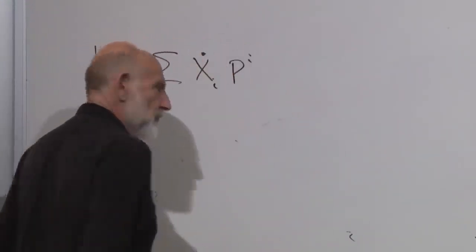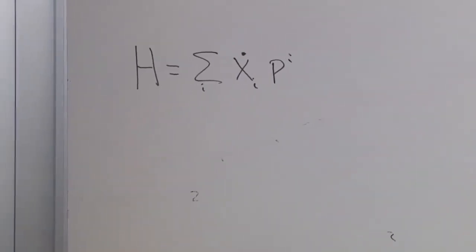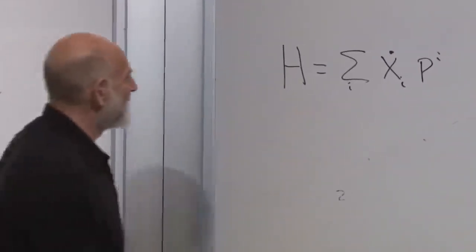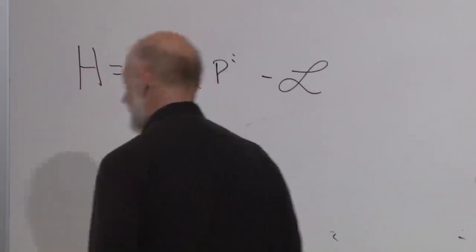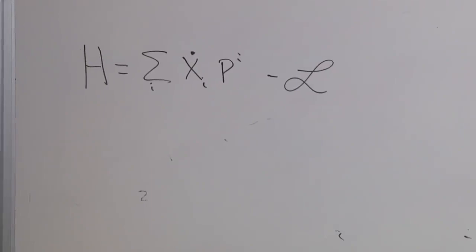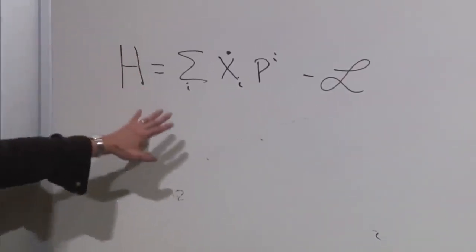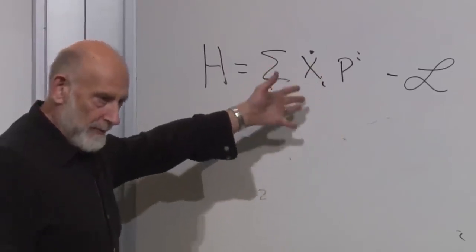I'll put that one upstairs just for variety. But that's not finished. What else is there? Minus the Lagrangian. That's the Hamiltonian. As I said, if you want a systematic way to think about mechanics where we don't just make up stuff as we go along, we fall back on the basic principles of mechanics, a la Lagrange, Hamilton, and so forth.